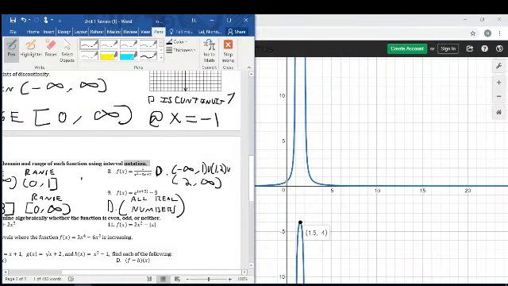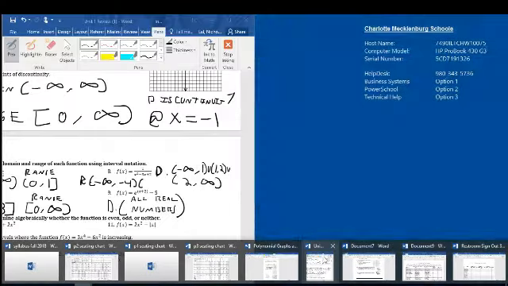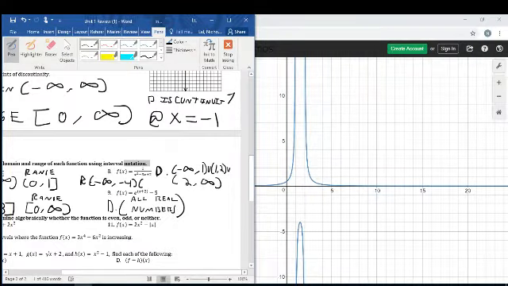So the range here is from negative infinity to negative 4, and then from 0 to infinity. You get that union.